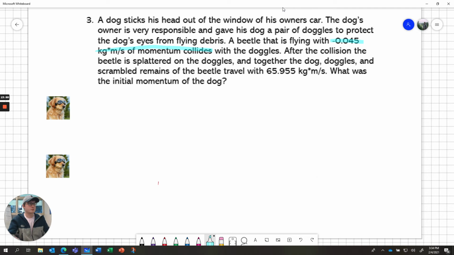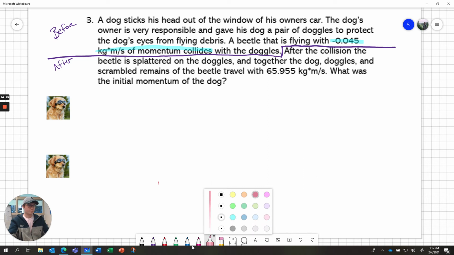After the collision, okay, so there's that phrase after, or the word after. So I'm going to draw my line. Everything above is before, and everything below is after. After the collision, the beetle splatters on the doggles and together, so that's interesting.